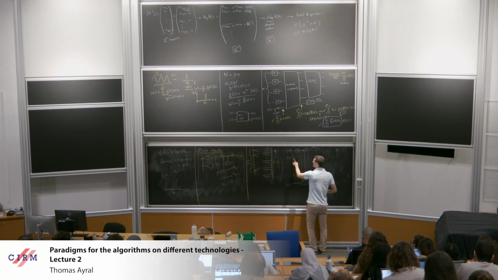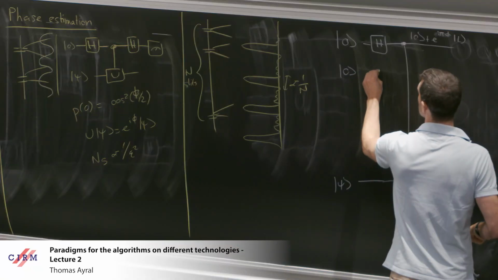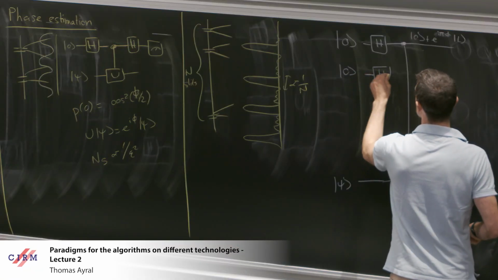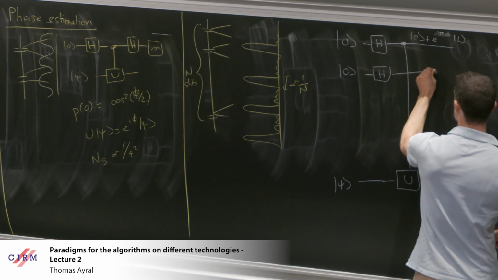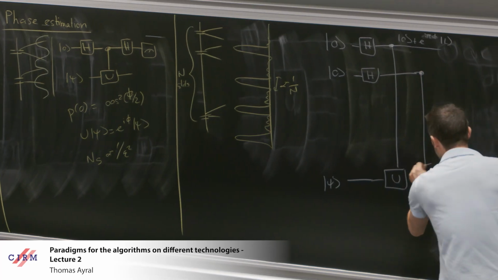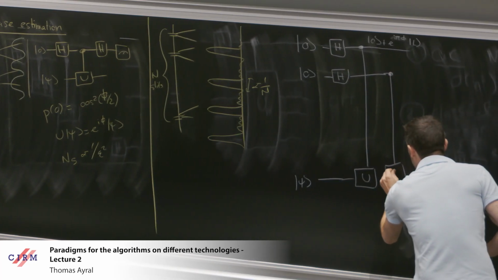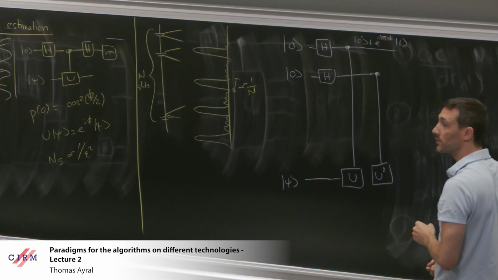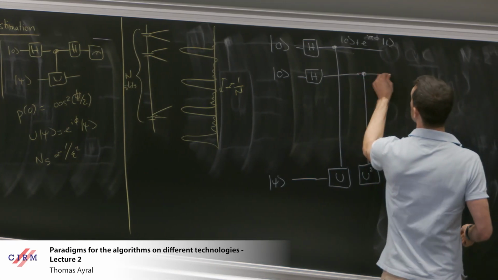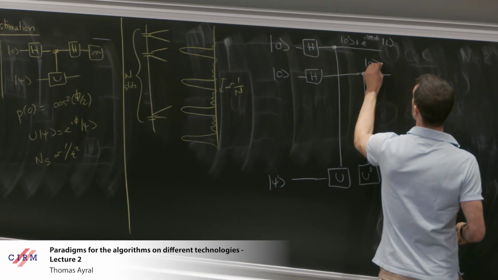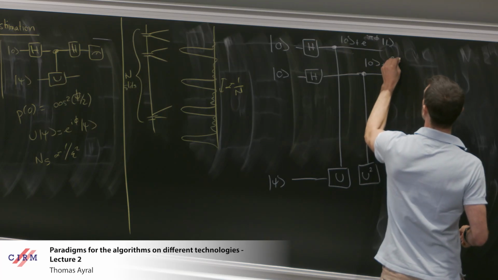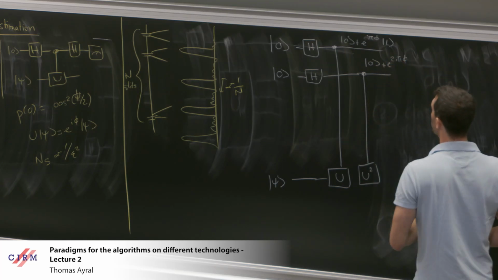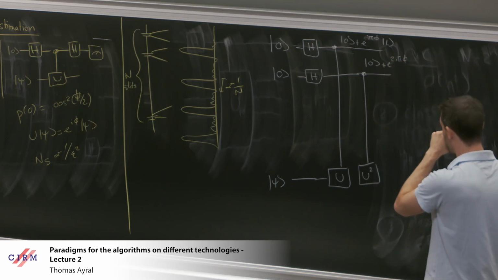But now, if I want to have 4 slits, I add a second qubit here. And I'm going also to dephase it, but this time I'm going to dephase it by twice the phase. So in other words, what I get here is 0 plus e to the 2 i pi phi.